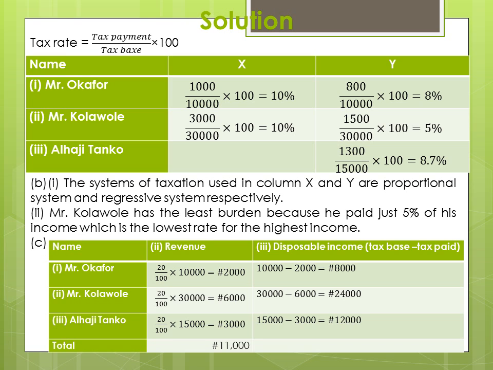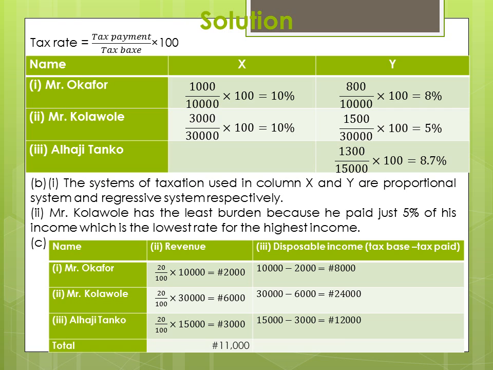B2 says that Mr. Kolawole has the least burden because he paid just 5% of his income, which is the lowest rate for the highest income. C says if government increases its rate of taxation to 20% flat rate, how much revenue will accrue to the government?